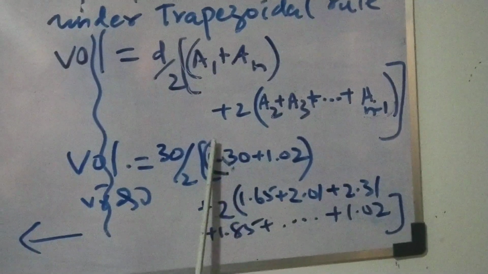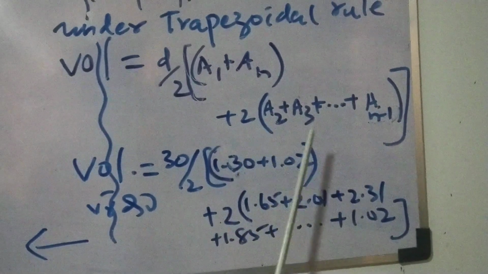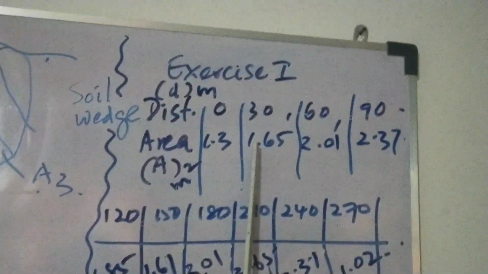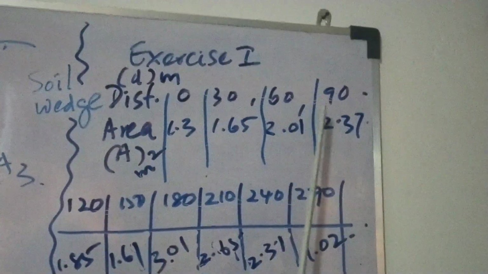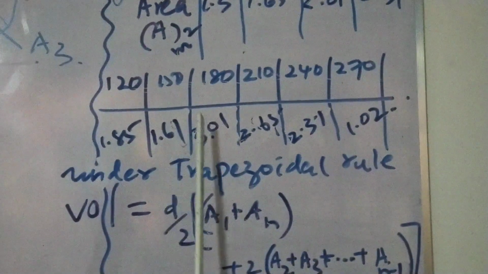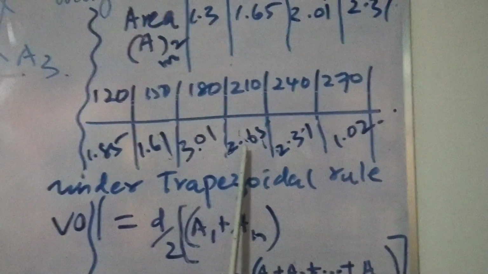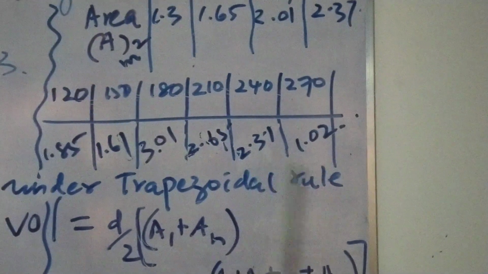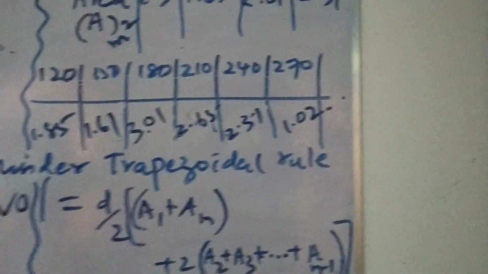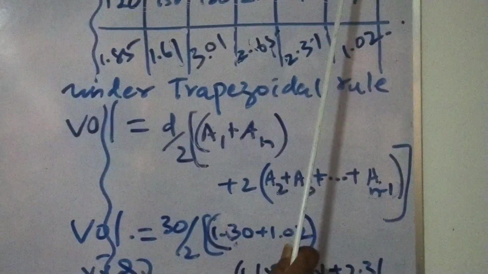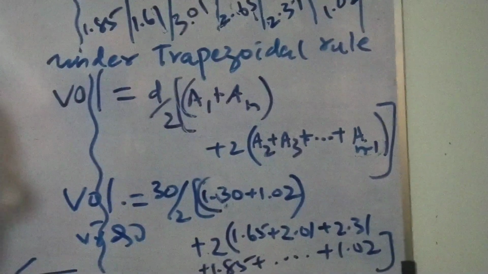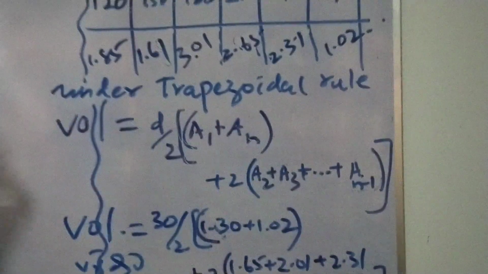The first and the last have already been taken. Then 2 into 1.65, 2.01, 2.37, 1.85, 1.61, 3.01, 2.65, 2.31.